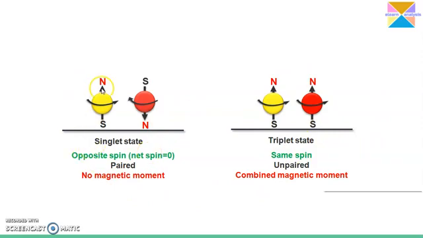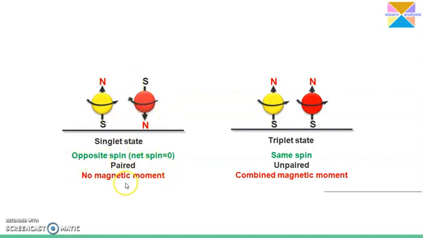Okay, so this is an electron which is having a particular direction, and this is the spin which is happening from left to right, and this is another electron, or rather I can say these are a pair of electrons which are having a different spin, and these spins are paired in nature. Once they are paired, there is no net magnetic moment visible, because the magnetic moment of one gets nullified by the other.